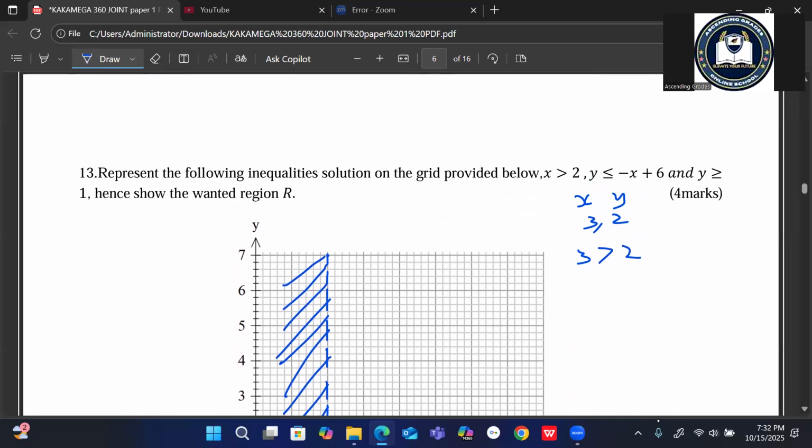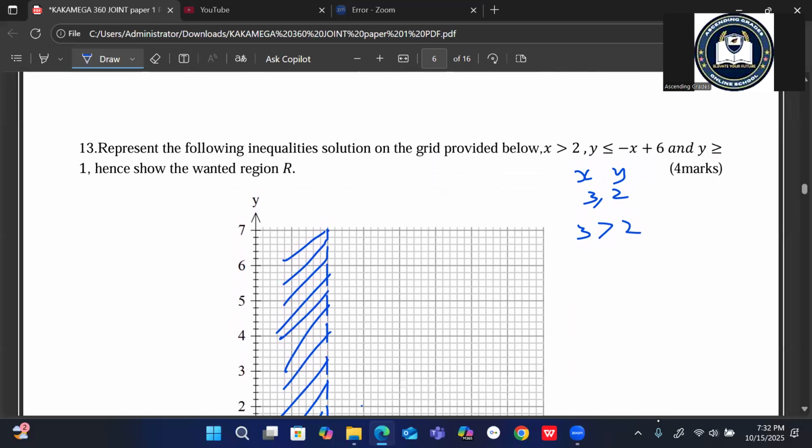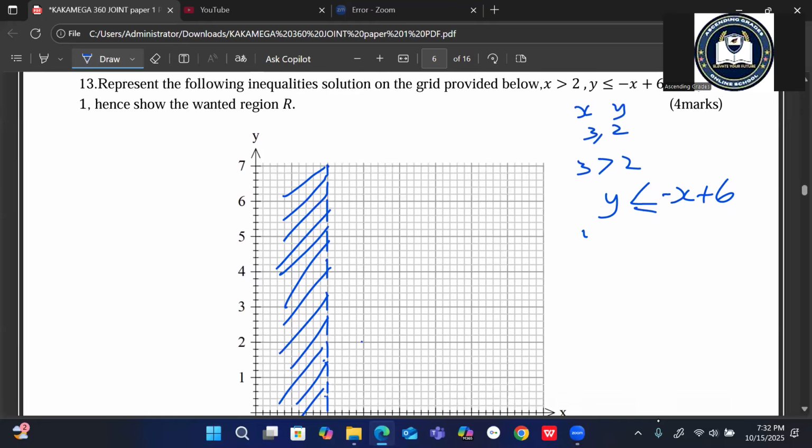So we go to the second one. The second one is y is greater than or equal to negative x plus 6. So we can make a table of y is equal to negative x plus 6. So we have the values of x and the values of y.